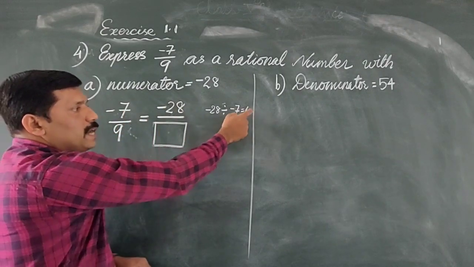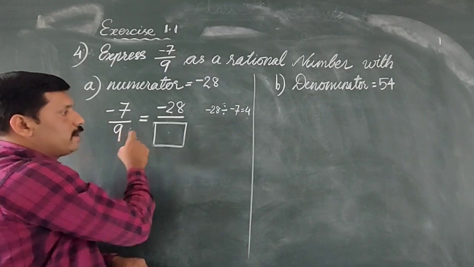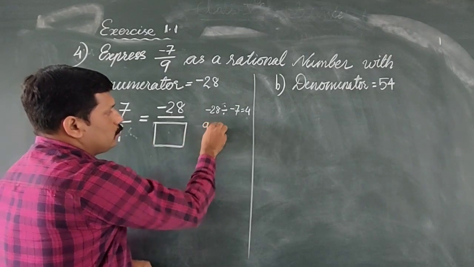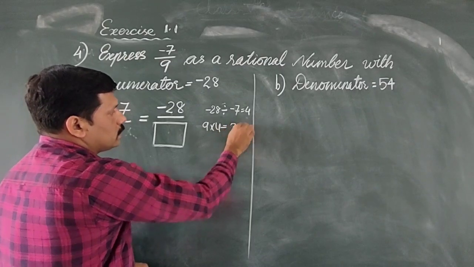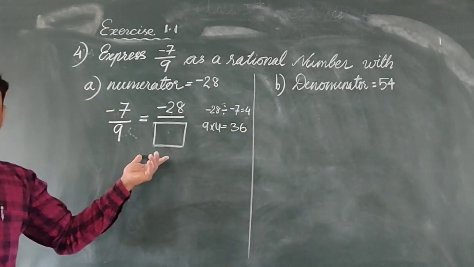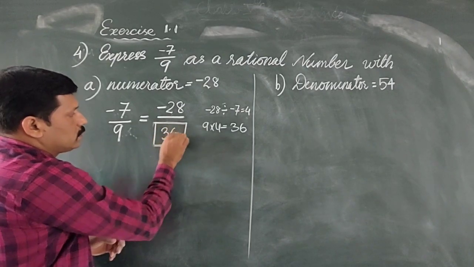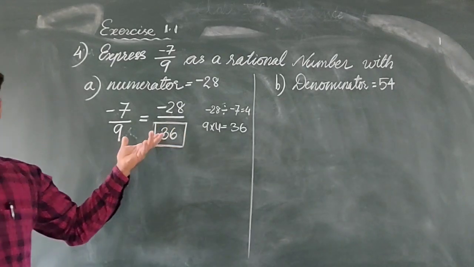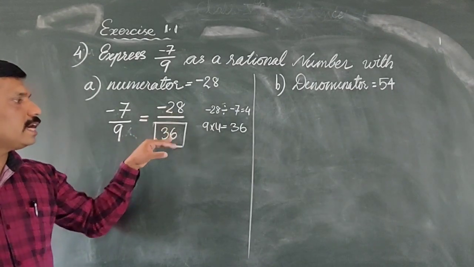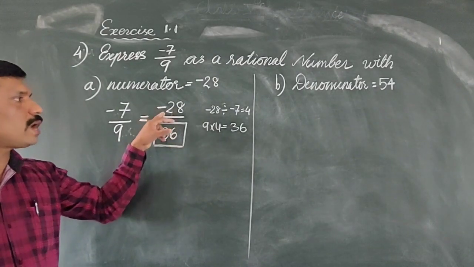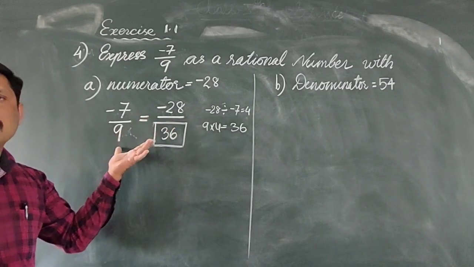That means 4 is multiplied, so we have to multiply 9 also by 4. 9 fours are 36, so the denominator is 36. The new rational number is negative 28 upon 36. These are equal rational numbers; the values are not changed.